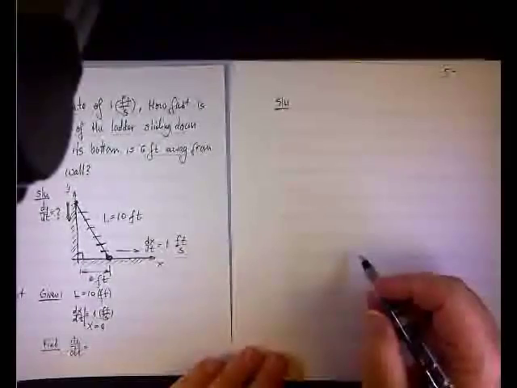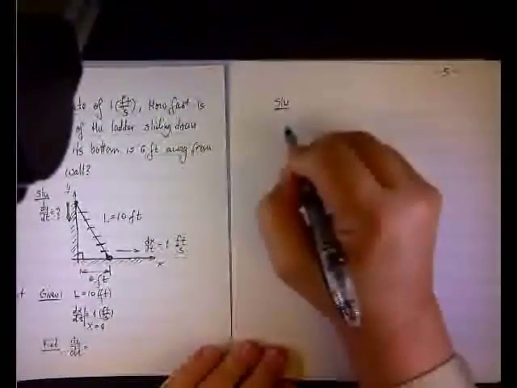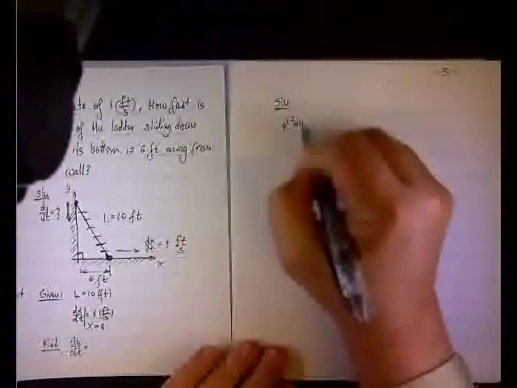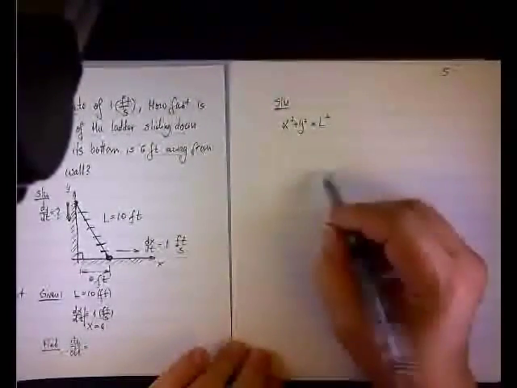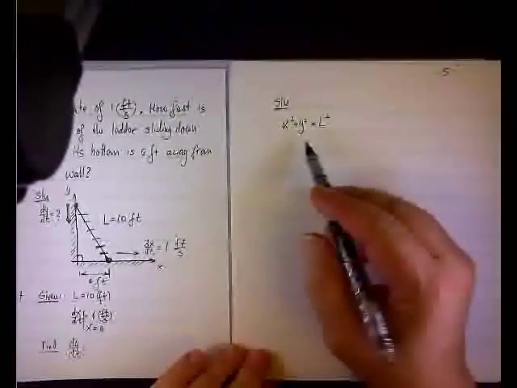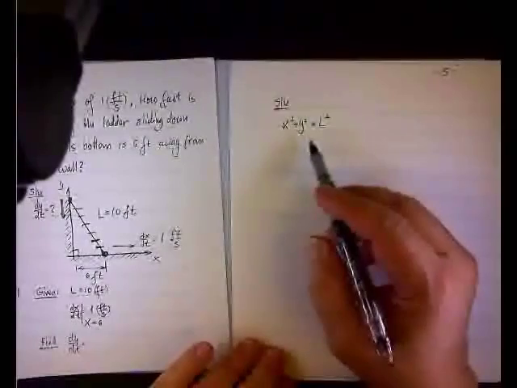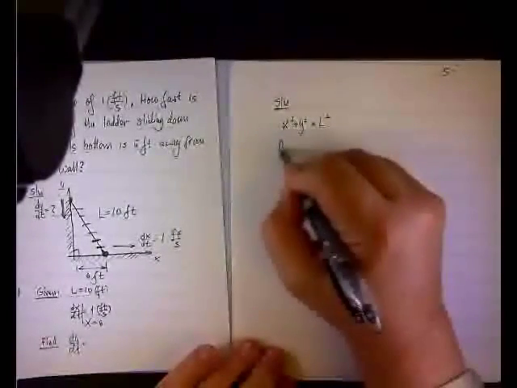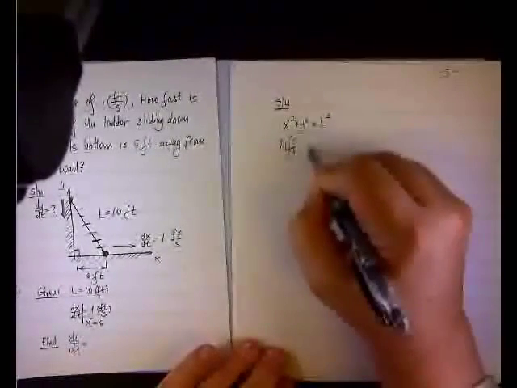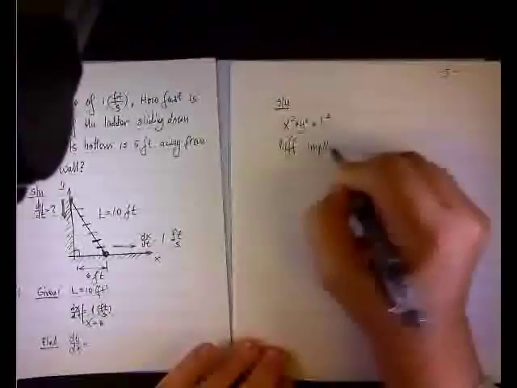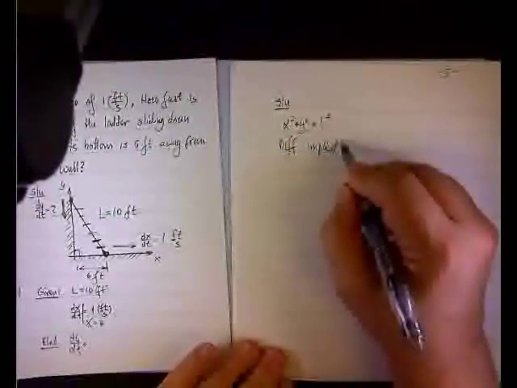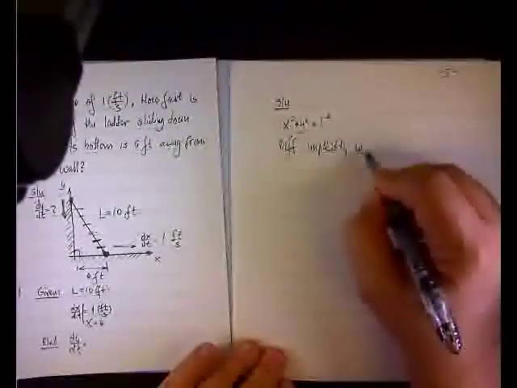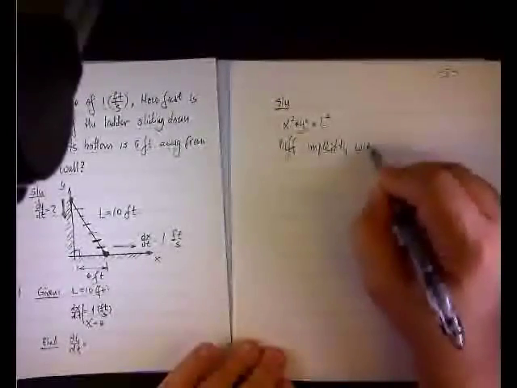So if that's the case, then we have the Pythagorean theorem in place: x squared plus y squared equals L squared. Okay? And because of that, then we learn also implicit differentiation. So we can differentiate implicitly with respect to, come on guys, with respect to what?